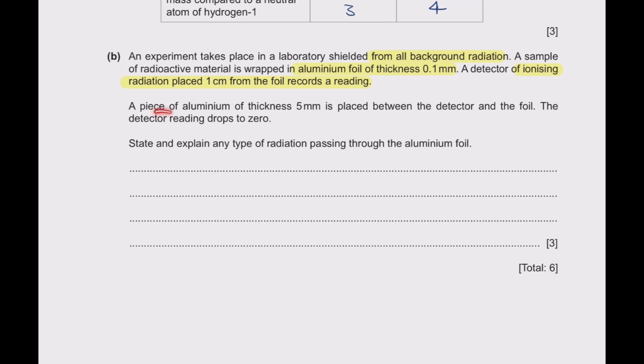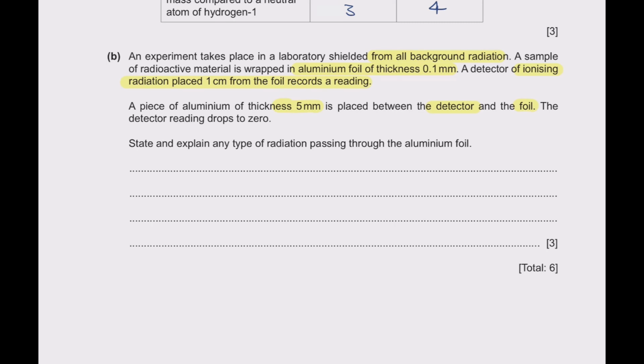A piece of aluminum of thickness 5 mm is placed between the detector and the foil. The detector reading drops to 0. State and explain any type of radiation passing through the aluminum foil. We have to state and explain the radiation passing through the aluminum foil.